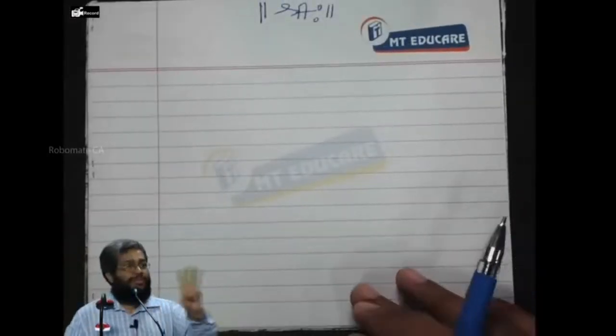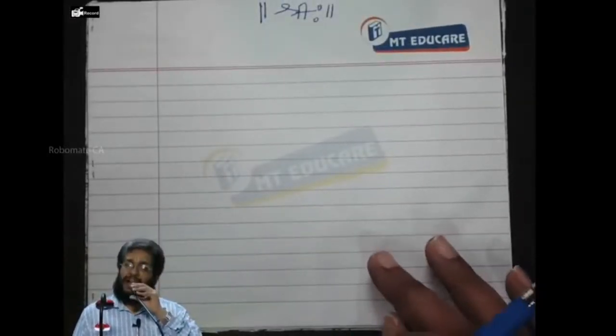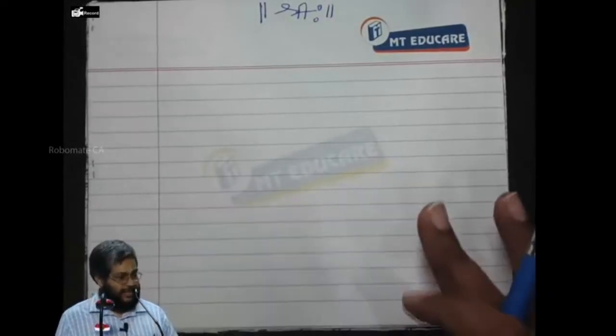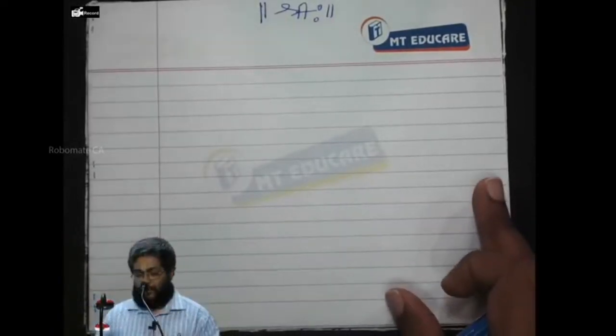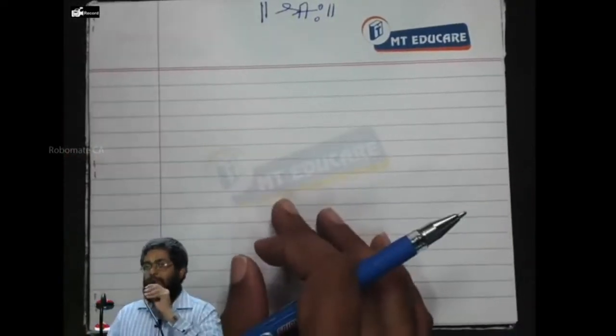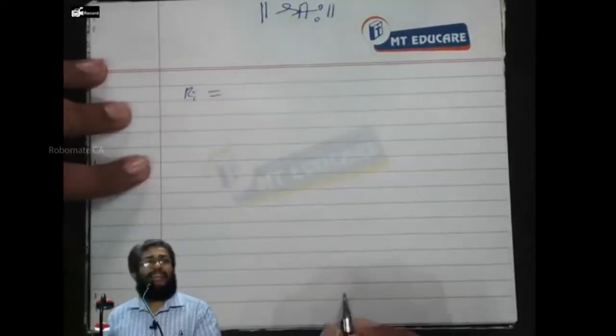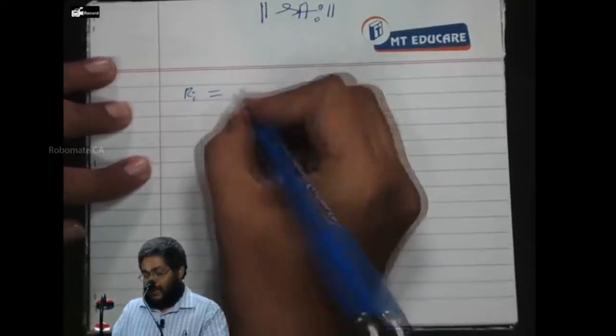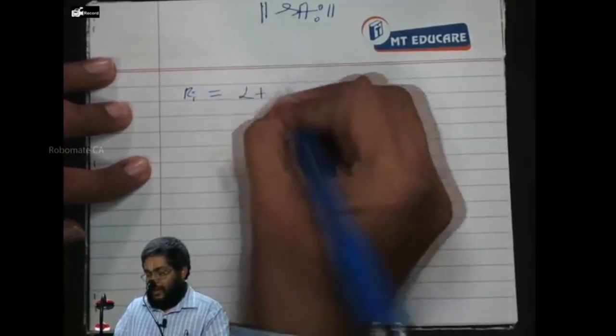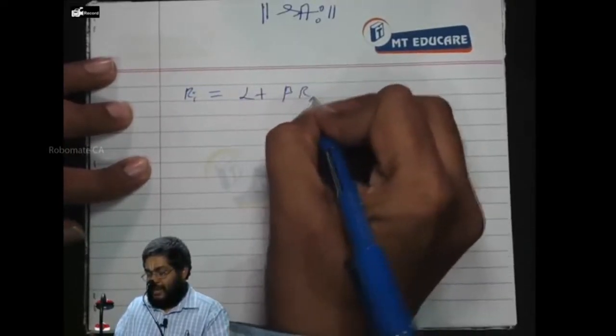See, three points I wanted to highlight before I wind up the Sharpe single index model. First of all, Ri is equal to, tell me, Ri is equal to what? Alpha plus beta Rm.